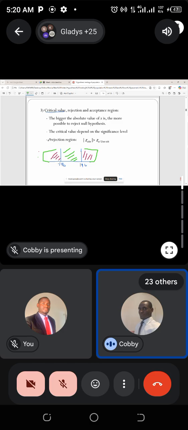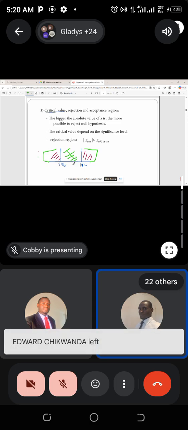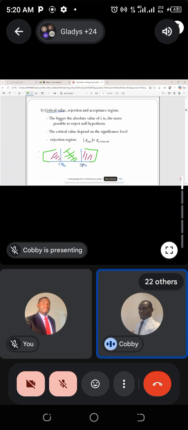But if it falls within this green region, between negative 1.96 and 1.96, we are going to fail to reject the null hypothesis.